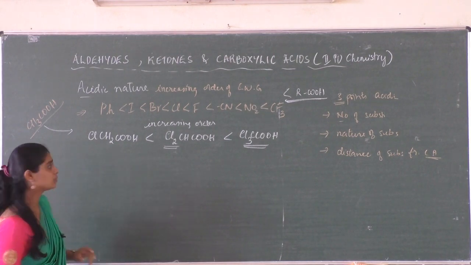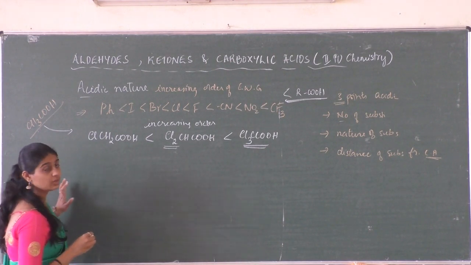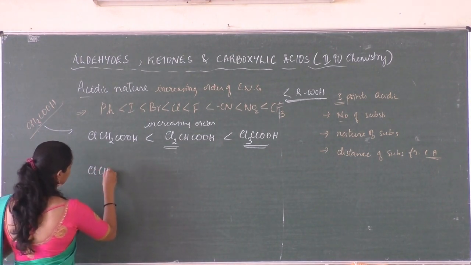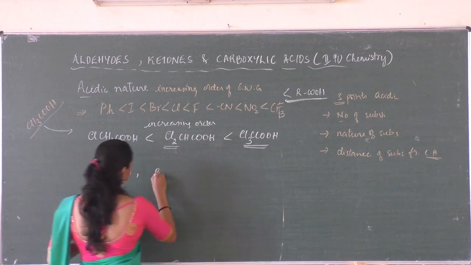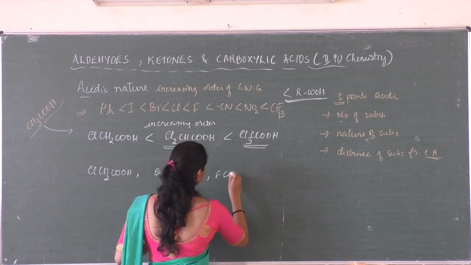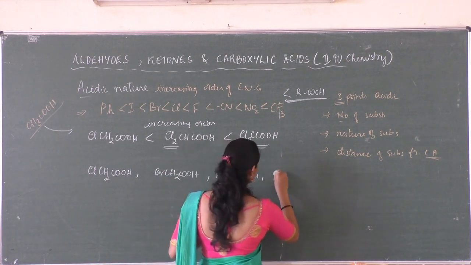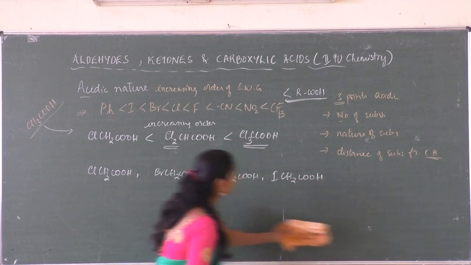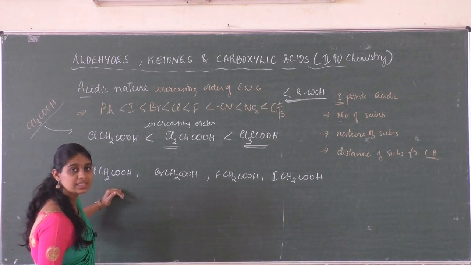So next is the nature of the substituent group. If we consider the various substitutions for the acetic acid, that is haloacetic acids, we need to see which one is least acidic.